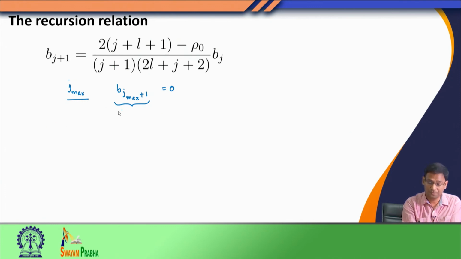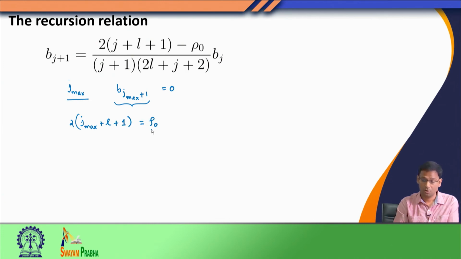This would be true only when this condition is satisfied, then b of j max plus 1 will become 0 and my power series would start truncating, or I will have only a finite number of terms in my power series expansion.